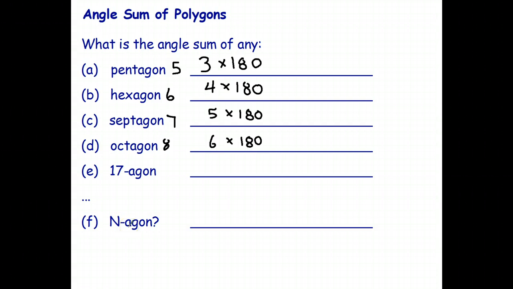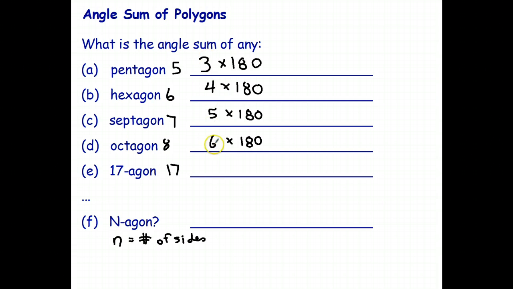What we're going to use is probably the letter n for the number of sides, lowercase n. So n is the number of sides. What we're looking for is a rule for the angle sum of any polygon. Okay, a 17-gon quite obviously has 17 sides.